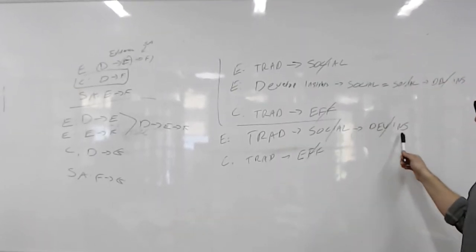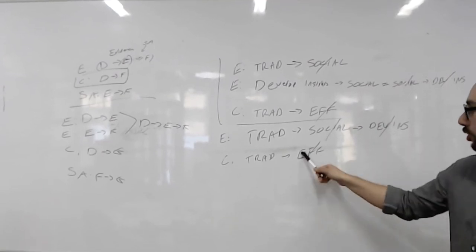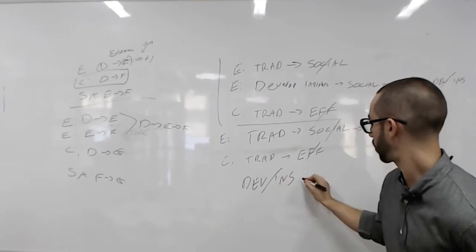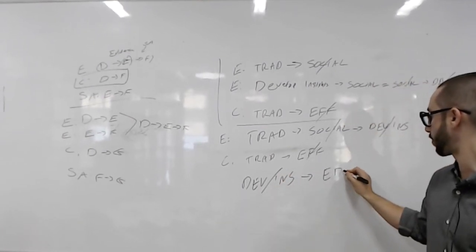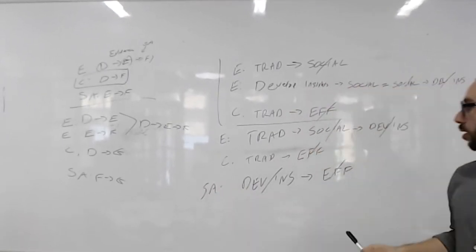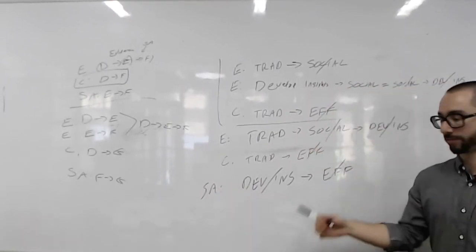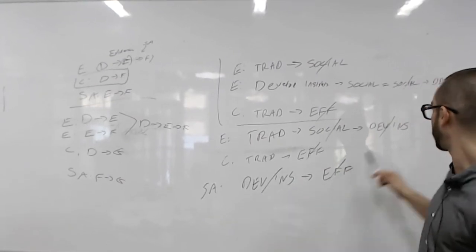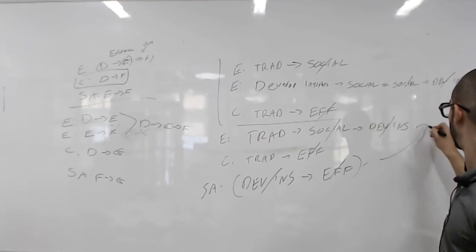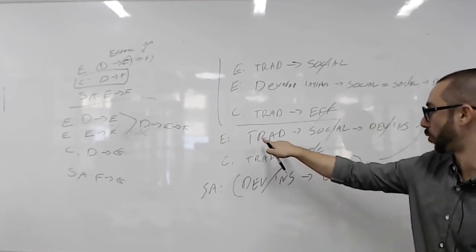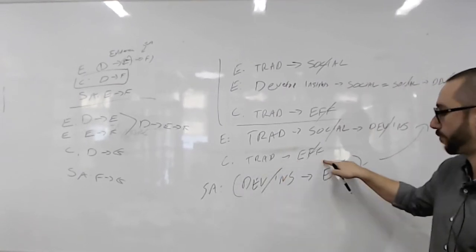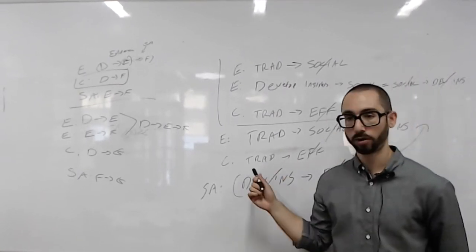Here, this is like our F, and this is like our G. So not develop insights, then not effective. That is a new conditional that we are proposing as a sufficient assumption. That when combined with our evidence, if we were to stick it onto the end here, that would guarantee this 100% because we go trad, so not social, not develop insights, not effective, fully guaranteeing the entire chain right there, the conclusion.